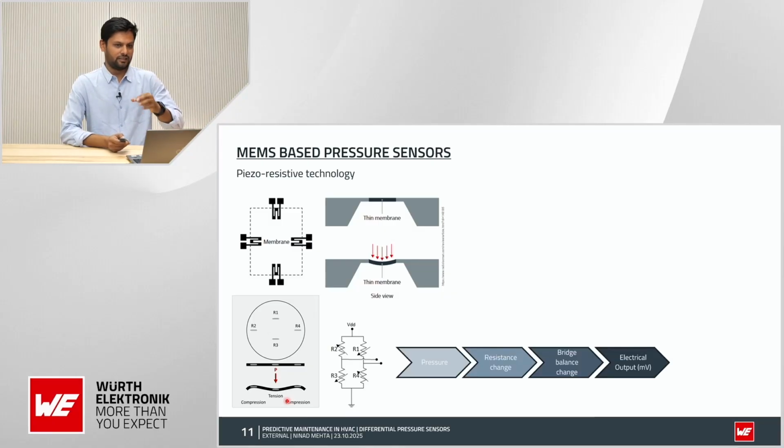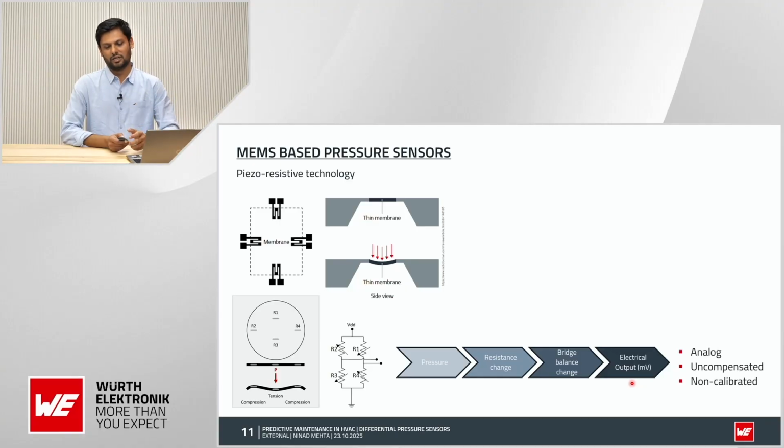They are connected in a Wheatstone bridge, and the Wheatstone bridge goes out of balance when there is a pressure change, even a very small one, and this leads to an electrical output of millivolts. So basically, the change of pressure leads to a change of resistance and gives you a millivolt output.